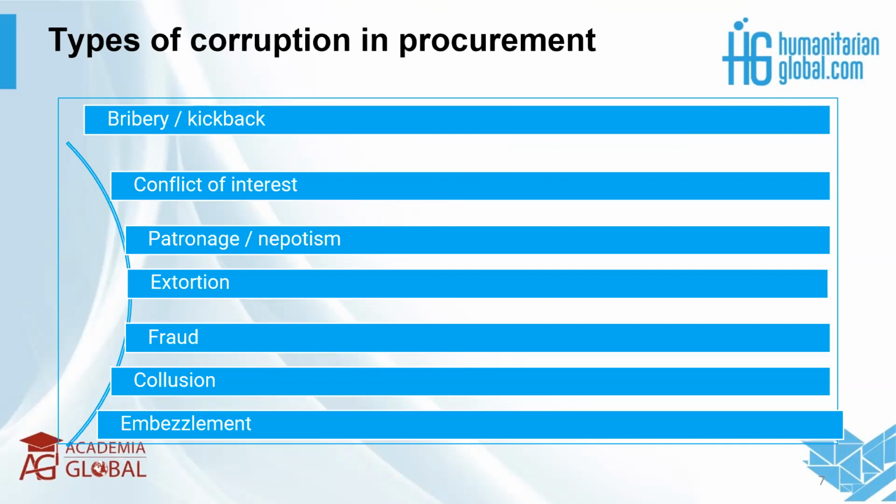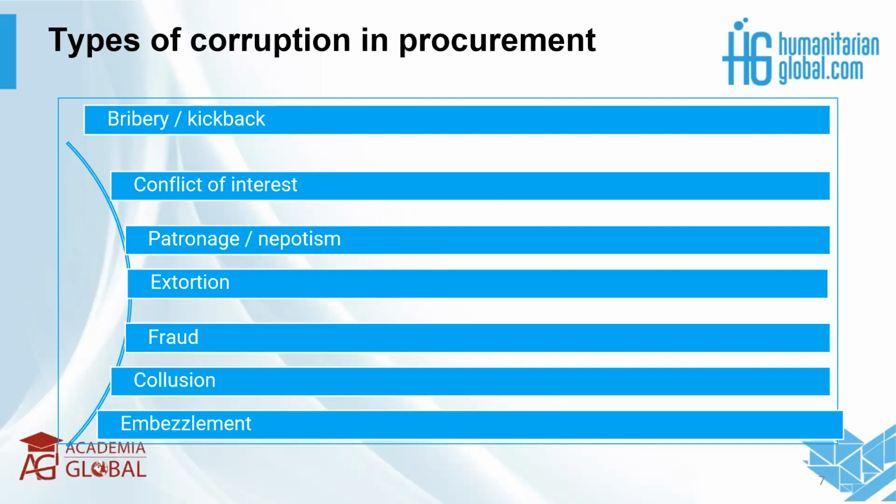If you're procuring for an organization and you decide that you also want to be the supplier for that organization, or you're a humanitarian professional and you have a tender for a big construction, then you decide you're going to start a hardware so that you become the sole supplier of that project. That is where conflict of interest comes in.